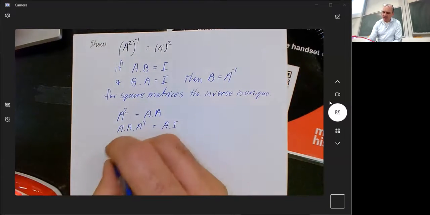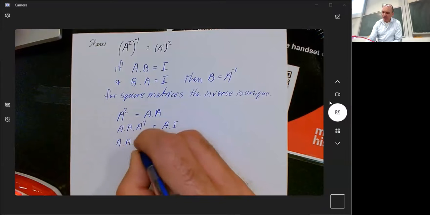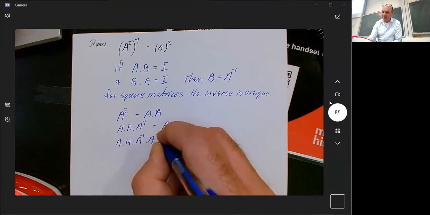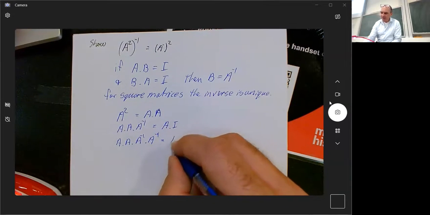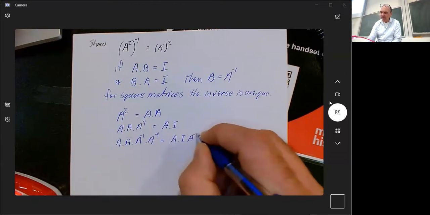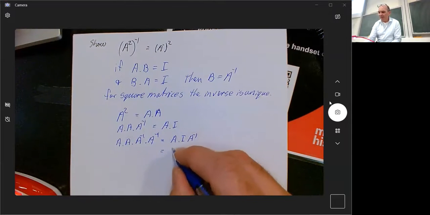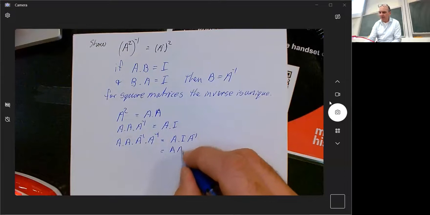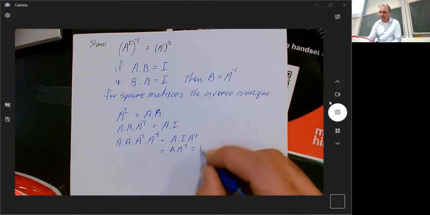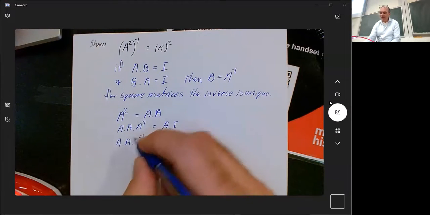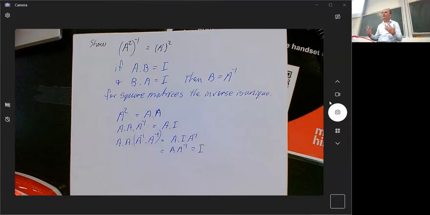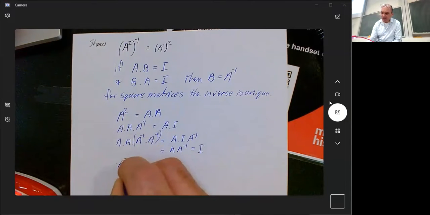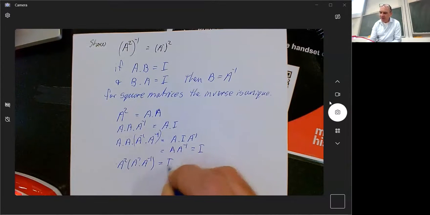So A times A times A inverse times A inverse is A times I times A inverse, and the identity you can just ignore, so that's equal to I. This literally says A squared times A inverse times A inverse is equal to the identity.